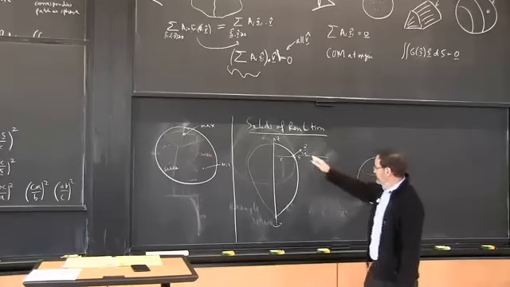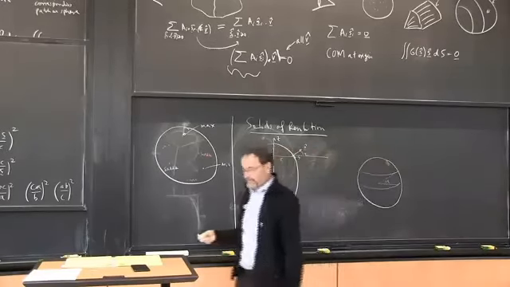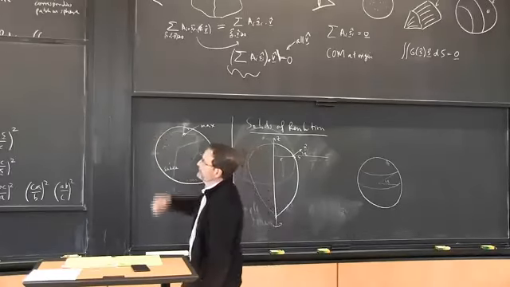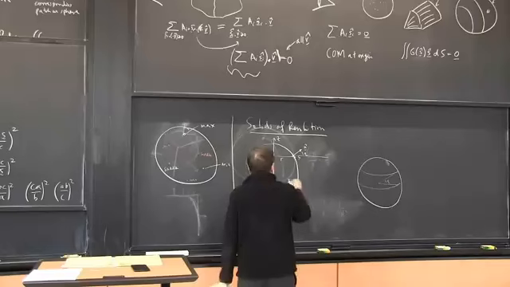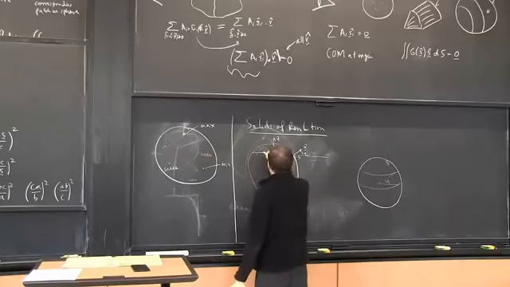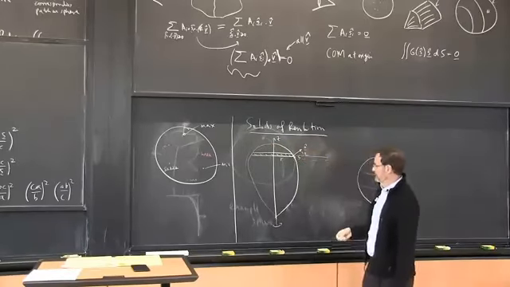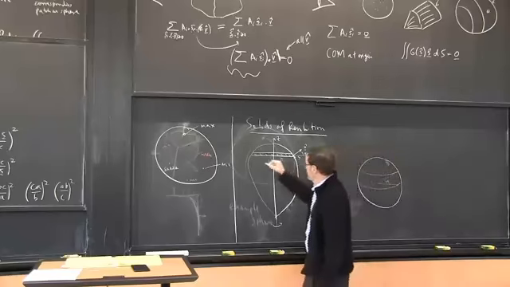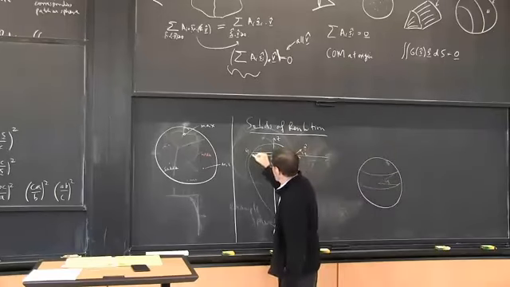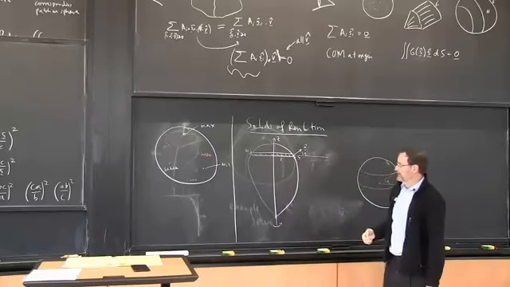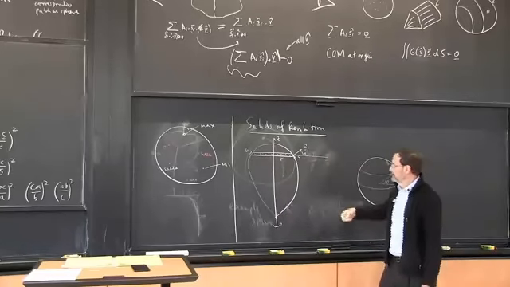Okay, so that's how points correspond, but we need curvature. So how do we do that? Well, we go for that definition up there, and we look at some element that we can easily figure out the mapping of. So rather than just consider a point, let's consider this whole band. And let's say that the width of the band is delta S, the change in the arc length along the generator.